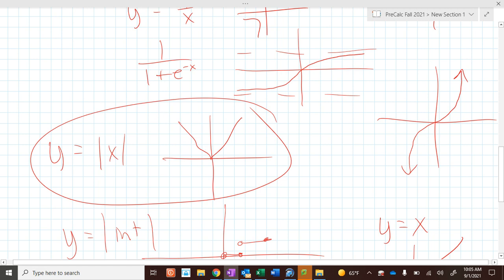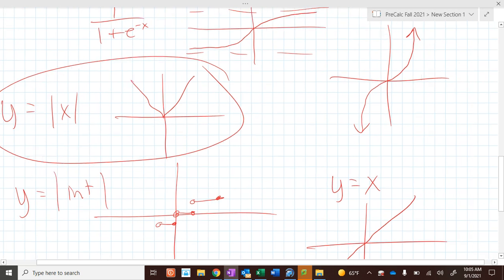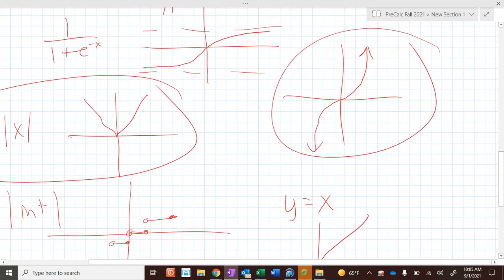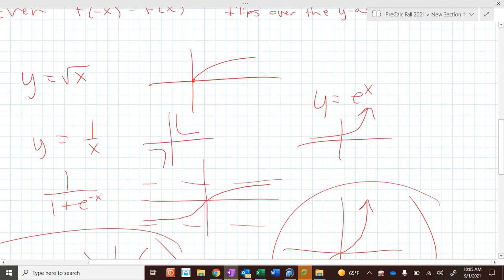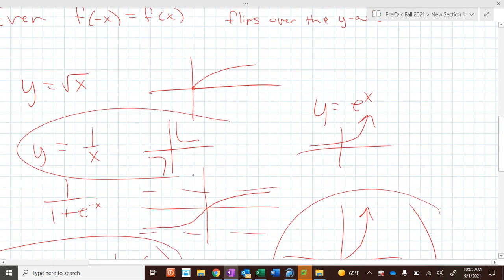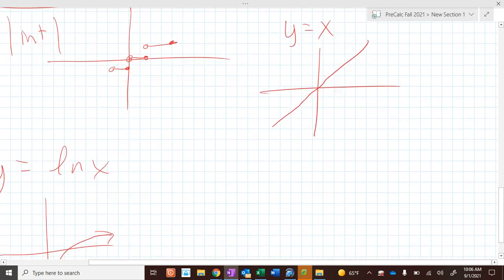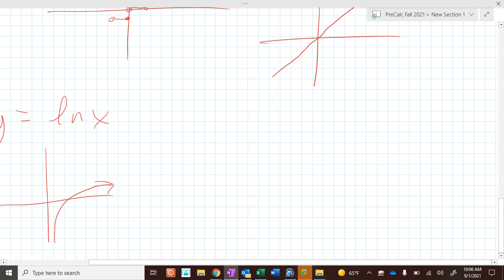Then after that, you don't really care. What about this one? Is this increasing or decreasing from negative infinity to 0? Increasing. As you go from left to right, it's increasing. Okay, so we're just looking at the ones that are decreasing. Here's another one that's decreasing from negative infinity to 0, because as you go from left to right, it's going down. Okay, so you'll get a few questions like that.